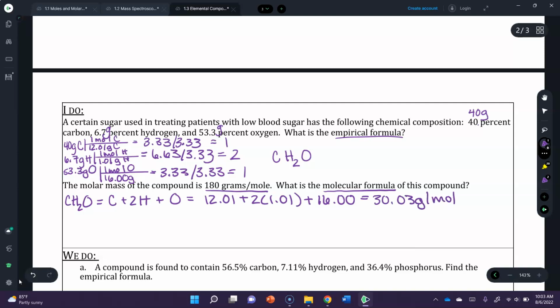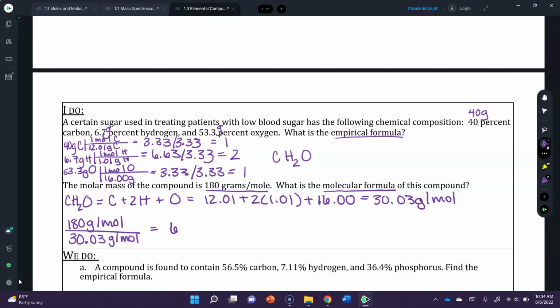So now I'm going to use the molecular formula molar mass, 180 grams per mole. The bigger one should always go on top so you get a whole number. So we're going to divide these two to figure out what factor I need to multiply my empirical formula by. So 30 goes into 180 about 6 times. So I'm going to take my 6 and multiply it to the subscripts in my empirical.